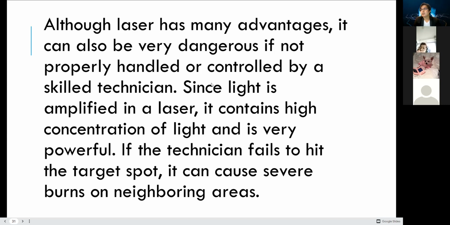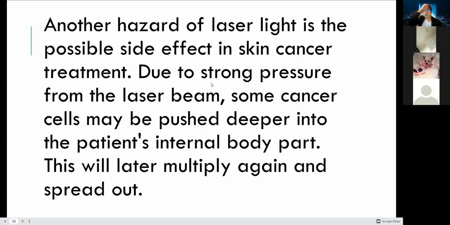Some lasers can actually cause fire because of their very potent concentration. If the technician fails to hit the target spot, it can cause severe burns on the neighboring areas or fire.